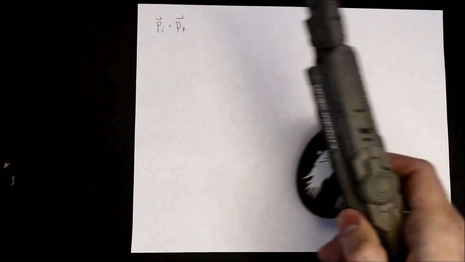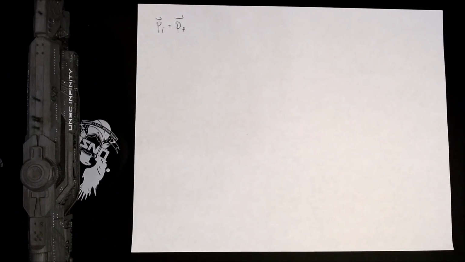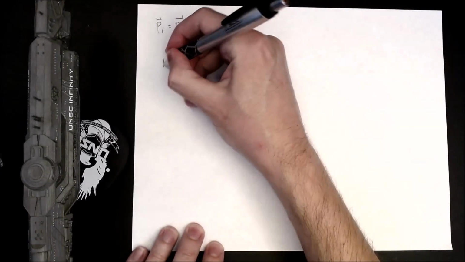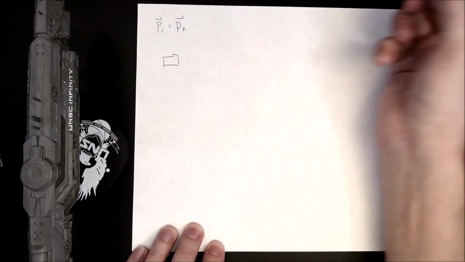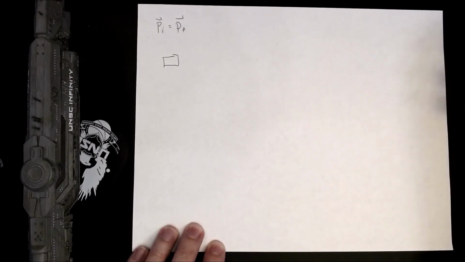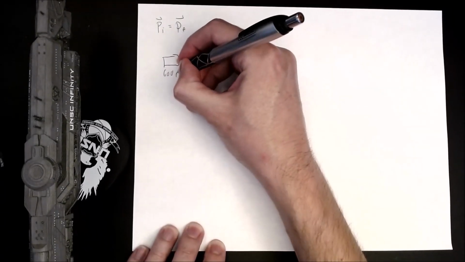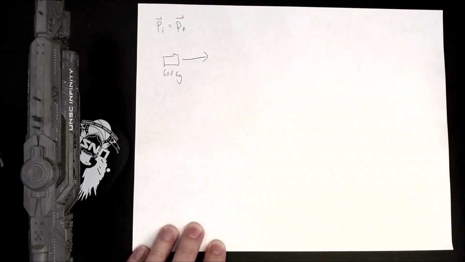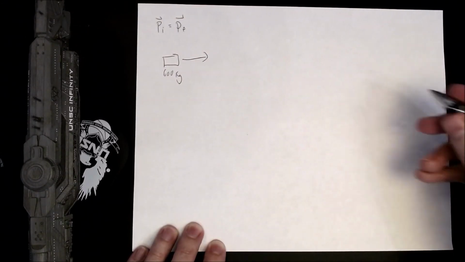Okay, what do we know about this? We can draw this out. We've got our Vulcan science vessel / smart car at 600 kilograms going east at 30 meters per second.